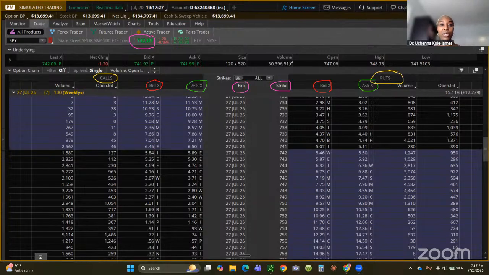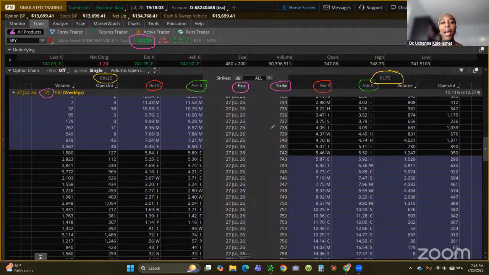There is after hours trading, I believe, until 9 p.m. Eastern Standard Time, but you can only trade stock options from 9:30 to 4 p.m. Eastern Standard Time. So let's say I think that the SPYs are going to go up $3 in the next 7 days. Okay. So I chose the expiration of July 27th, which actually expires in 7 days because today is July 20th. So the SPYs are trading at, when the market closes, 742.